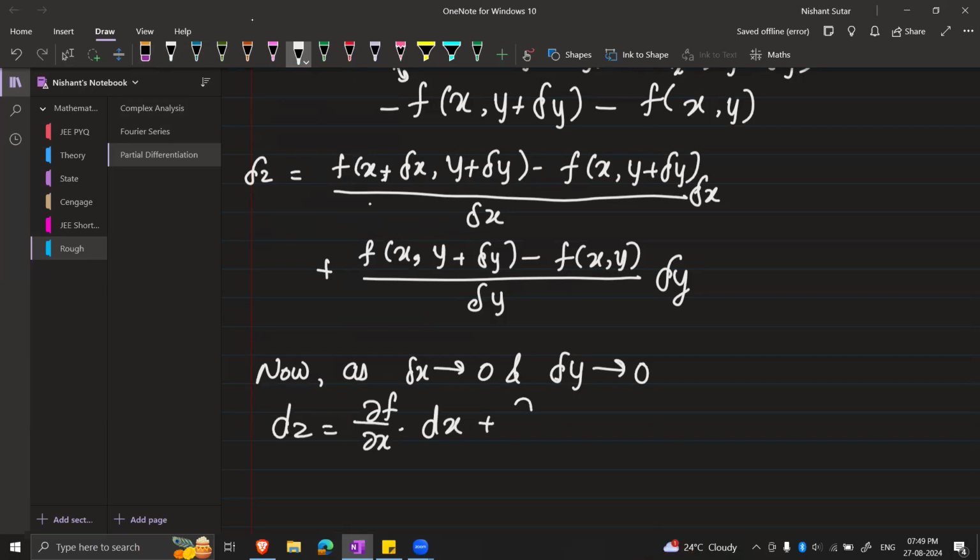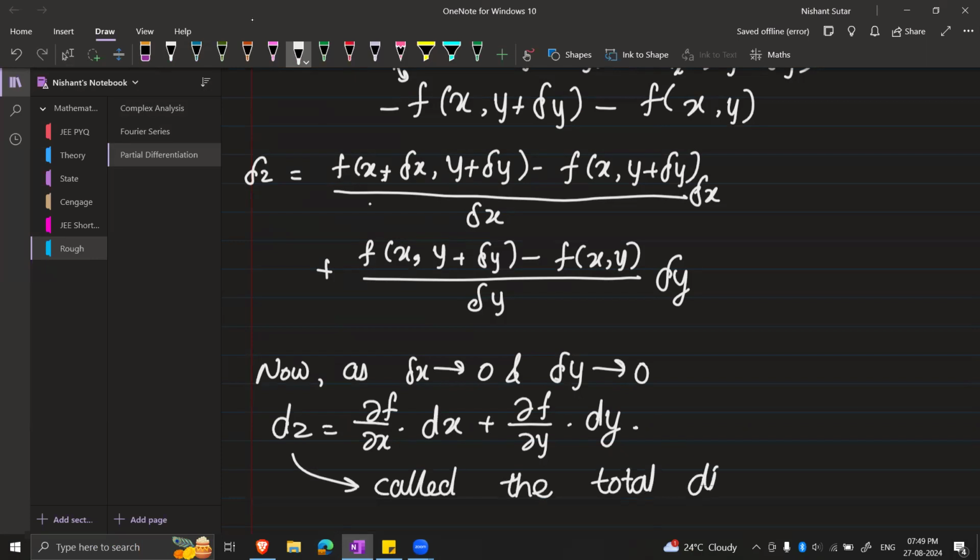Similarly, this quantity is del f by del y, and this delta y will become dy, the small change in y. So this dz is called the total differential coefficient.